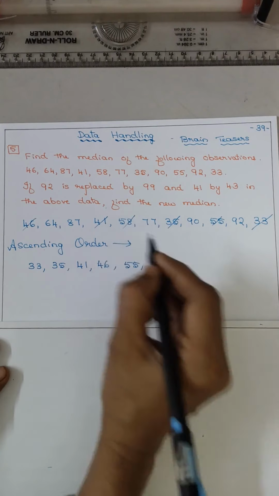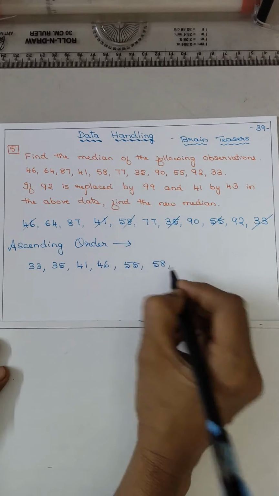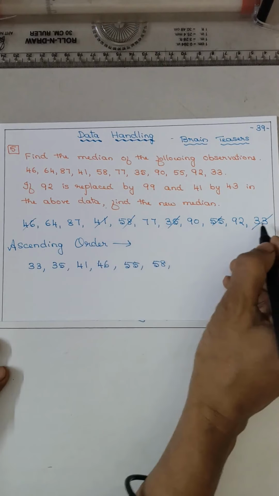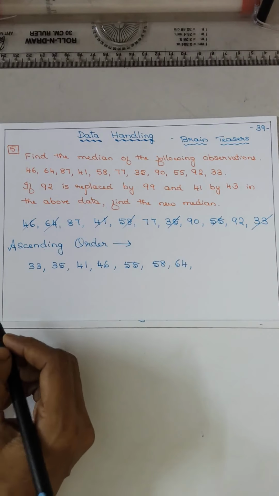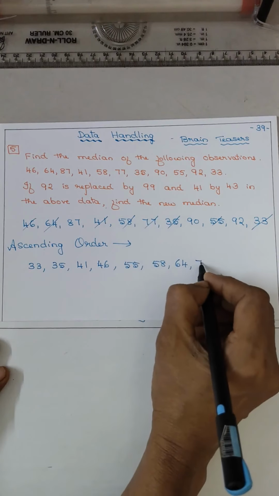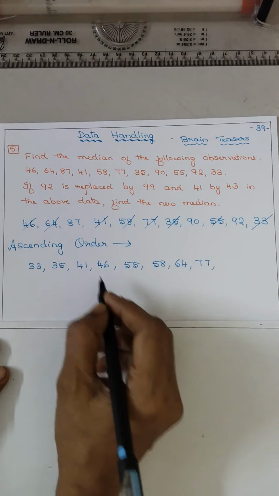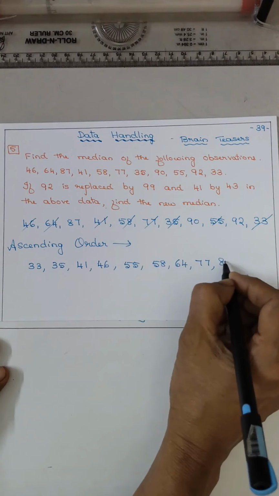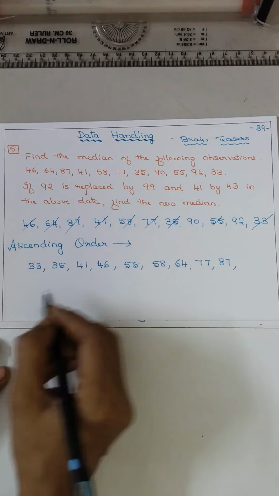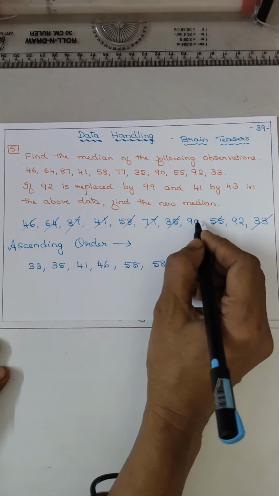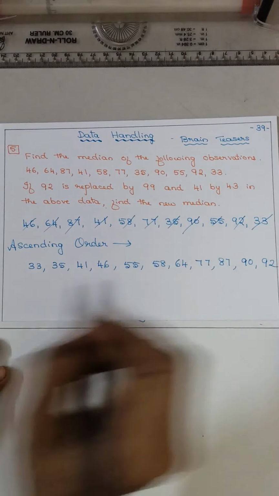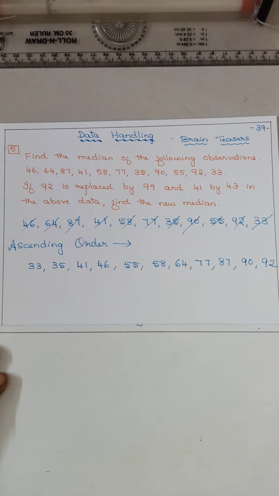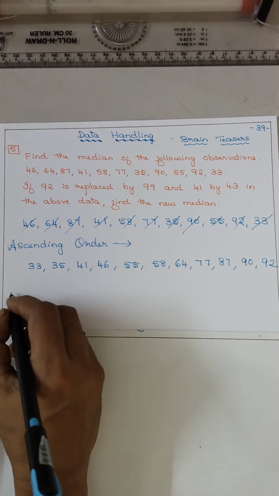Next 58. Next 64. Next 77. Next is 87. Next 90 and then 92. Understood? Now write the median.